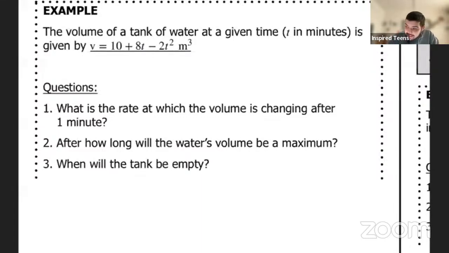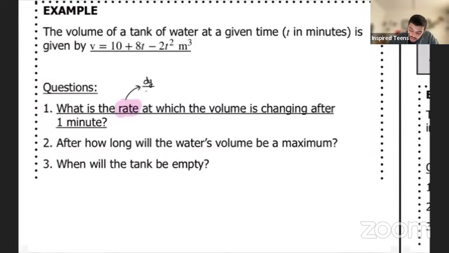But now they say, what do they say? What is the rate at which volume is changing after 1 minute? They don't ask what is the volume after 1 minute. They ask what is the rate. Whenever you see the word rate, you need to understand this is the first derivative, dy/dx. Remember, we went through the notation. This is deriving y in terms of x, right?